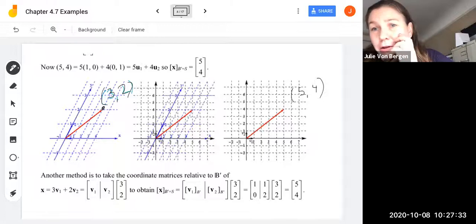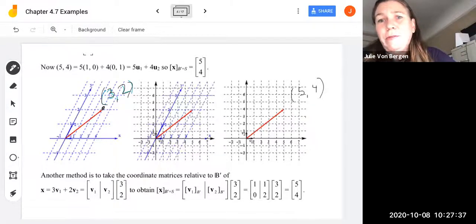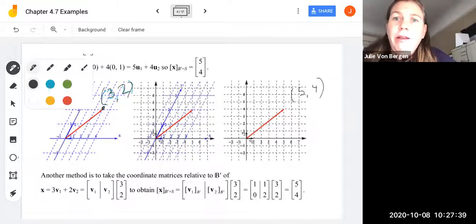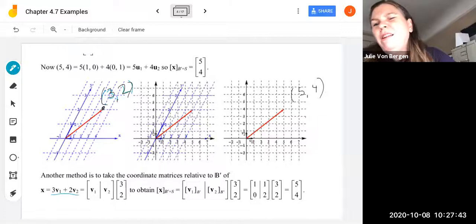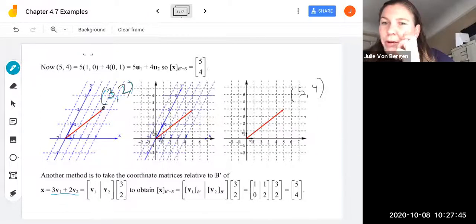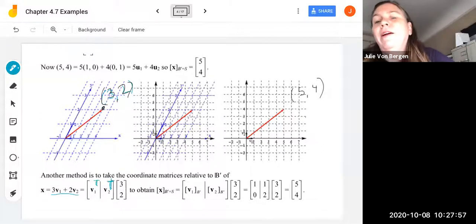Another method you could use is to take the coordinate matrix relative to B prime of X equals 3V1 plus 2V2. We tend to do it this way because it's a little bit easier to put them all together in a matrix. So V1 here is really V1 transpose, and this is V2 transpose, because we're treating them as column vectors. It's not necessary to write out the transposes, but know that you're putting these vectors in the columns.